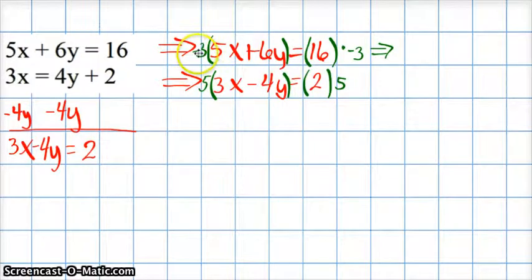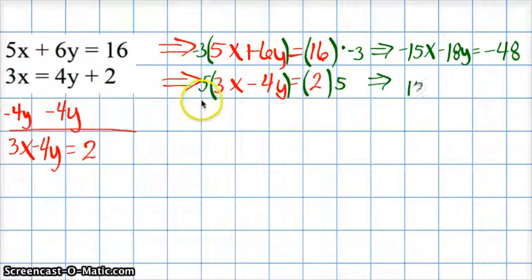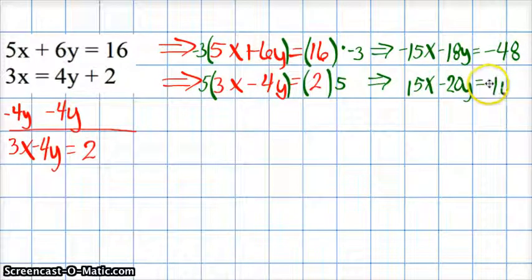So in this case, I'm going to multiply the top equation by -3 because that will give me a -15x plus a -18y equals a -48. The second equation, I'm going to keep that a positive factor right here because then we'll have a positive 15x, a -20y, and a positive 10.